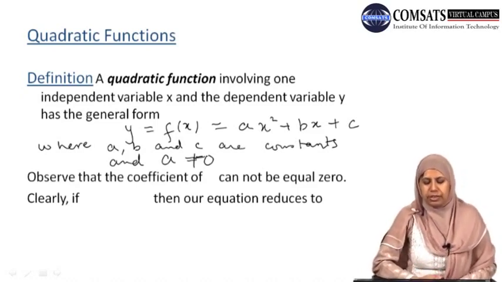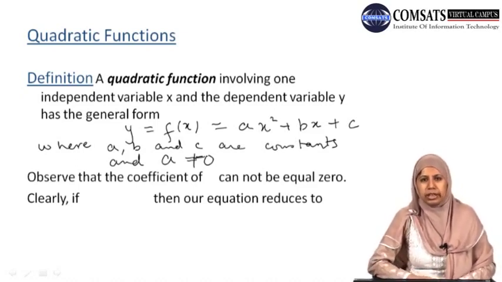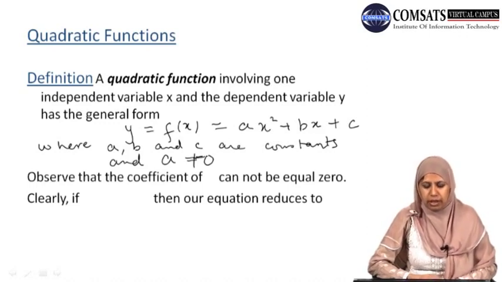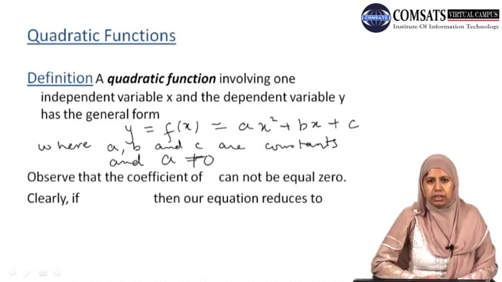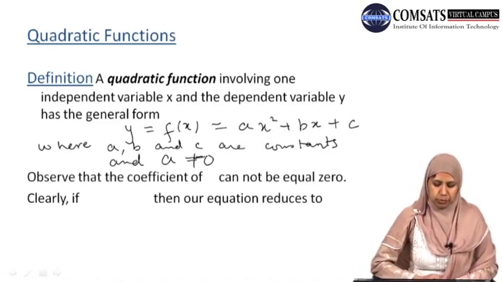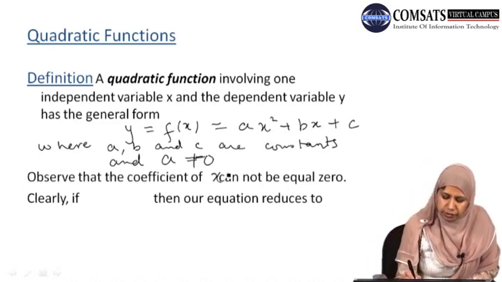So this is how we define our quadratic function, and the general form is ax² + bx + c, where a, b, c are constants and the coefficient of x², which is a here, should be different from 0.